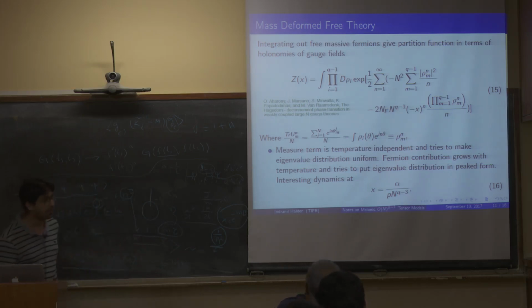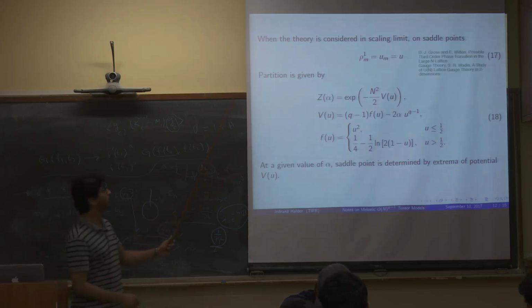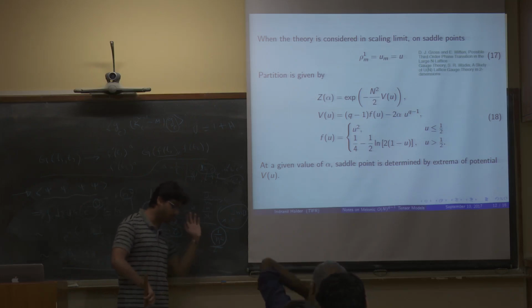So we will be studying this action in this particular limit that I talked about. Then we try to evaluate the partition function using saddle point analysis, and after some variable change it can be mapped to the Gross-Witten-Wadia kind of model for unitary theories.